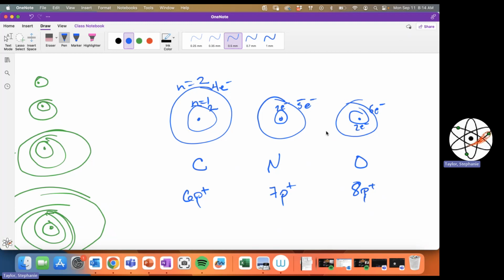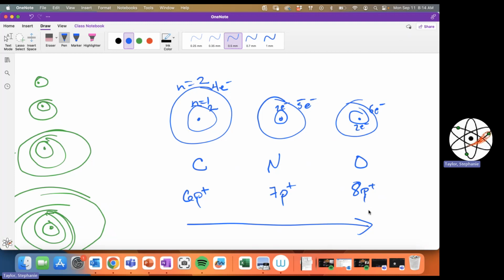And since this is still that n equals 2 shell, or I could even think about my p subshell that some of those electrons are hanging out in, realize that those are all then of equal energy. So I've got more positive charge to hang on to my electrons. So as I go across the periodic table, I simply have more positive stuff to hang on to the electrons.